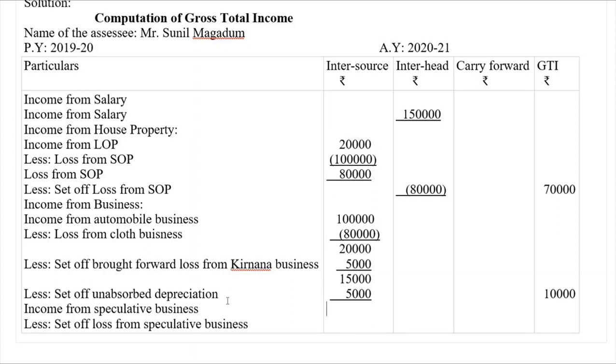The income from speculation, which is given in the problem, is 40,000. So from this, the loss from speculation business amounted to rupees 60,000.